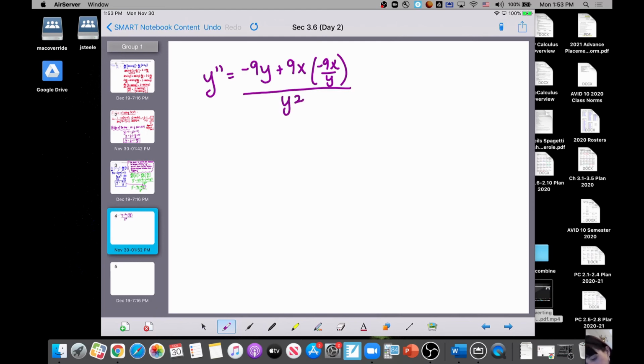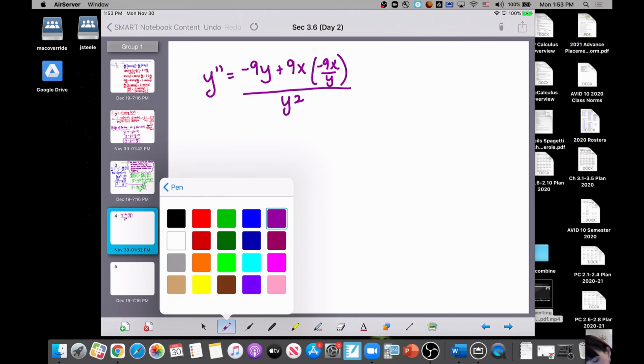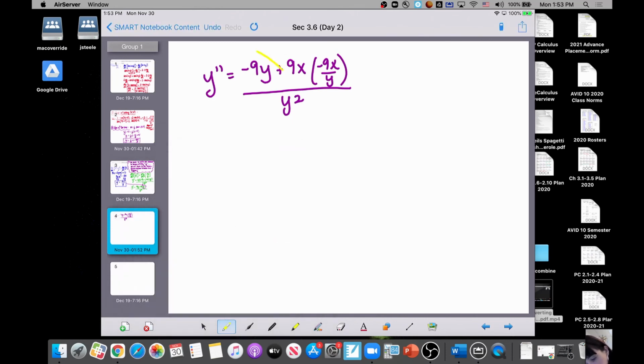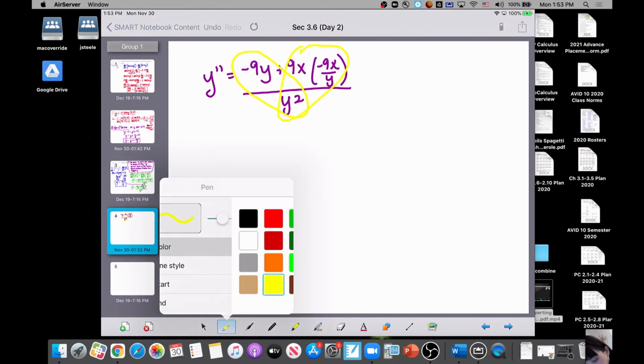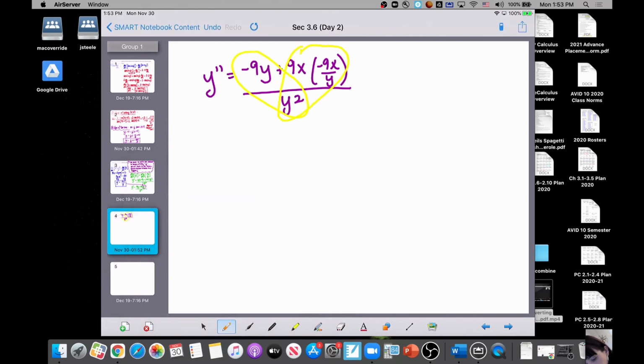Okay, so now I am going to simplify this a bit here. I am going to divide my first term by y squared, and I'm going to divide my second term by y squared. This is all just algebra, my friends. So we have y prime prime is equal to negative 9y over y squared is going to simplify to negative 9 over y.